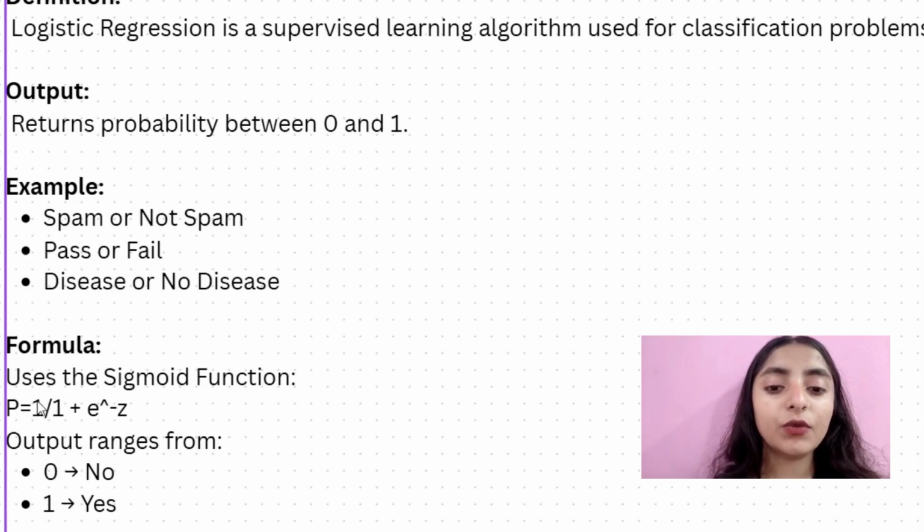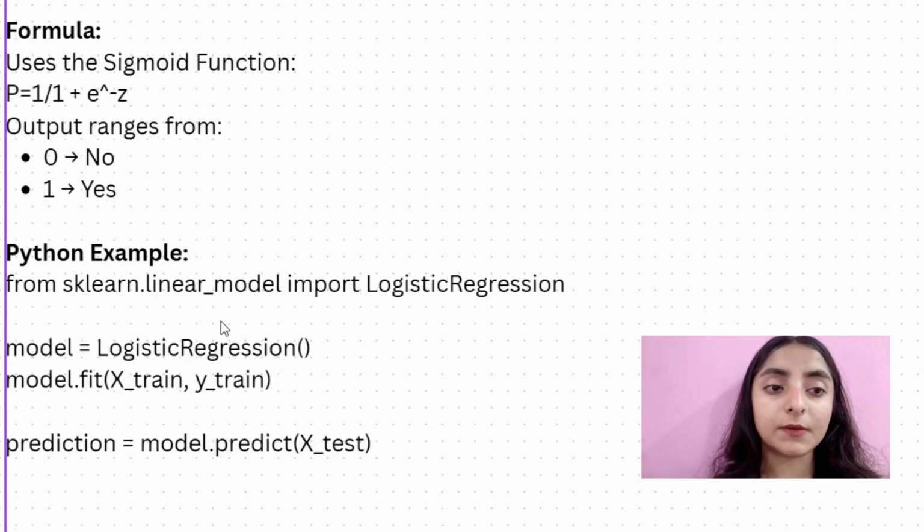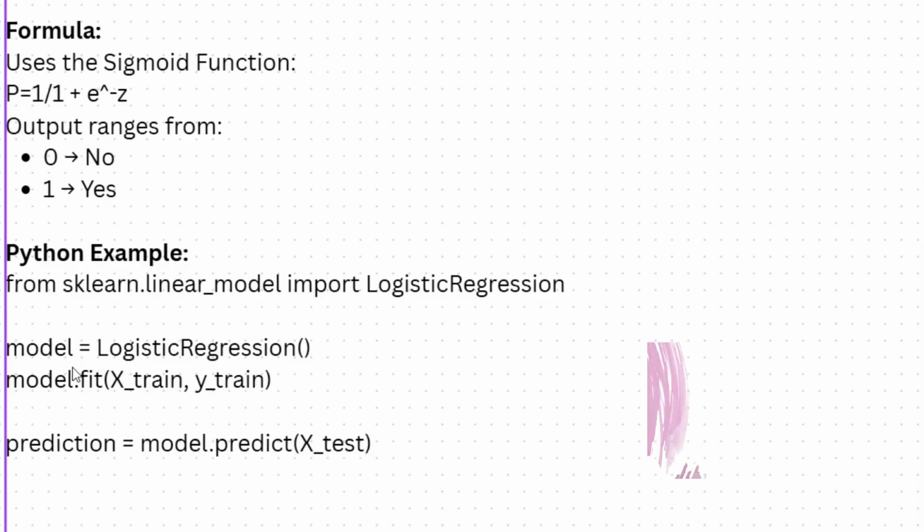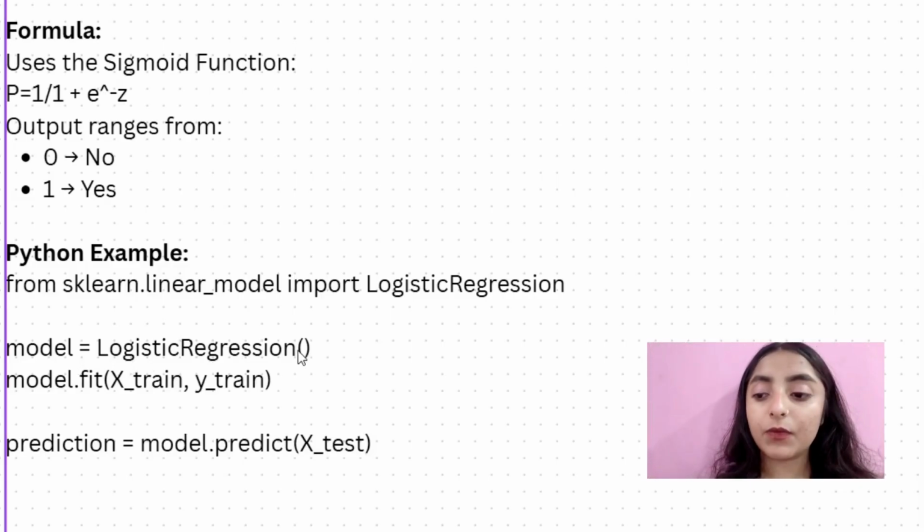Greater than 0.5 is a good fit. This is the sigmoid function, and the output ranges between 0 and 1, like 0.1, 0.2, 0.3, 0.4, 0.5. Up to 0.5 it is the worst case, and from 0.5 to 1 it is the good case.